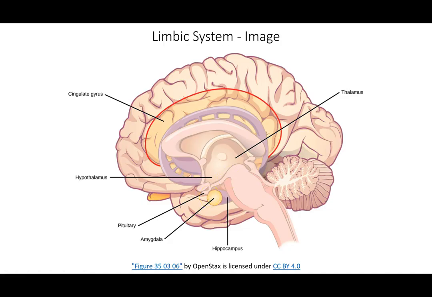certain neurodevelopmental disorders like ADHD and autism. These can cause differences in how these structures look, so they might not develop the way that they normally would, and that can impact people's ability to process memories and emotions and stuff like that.